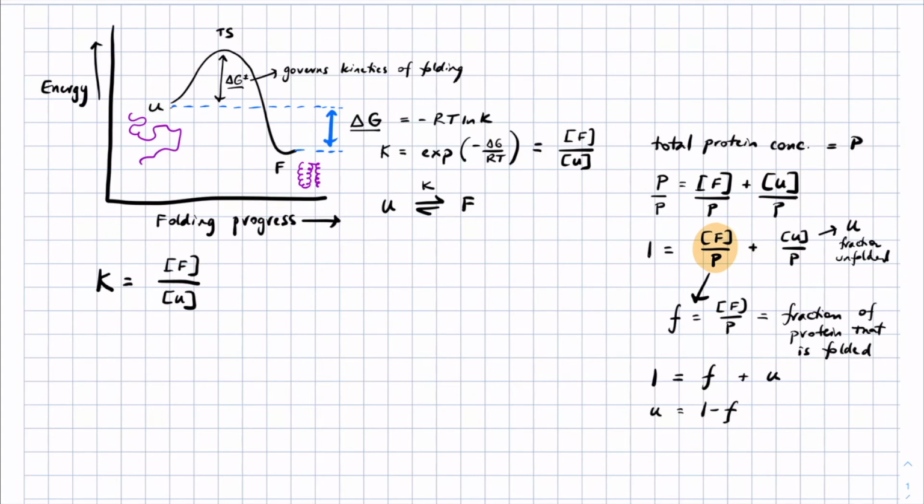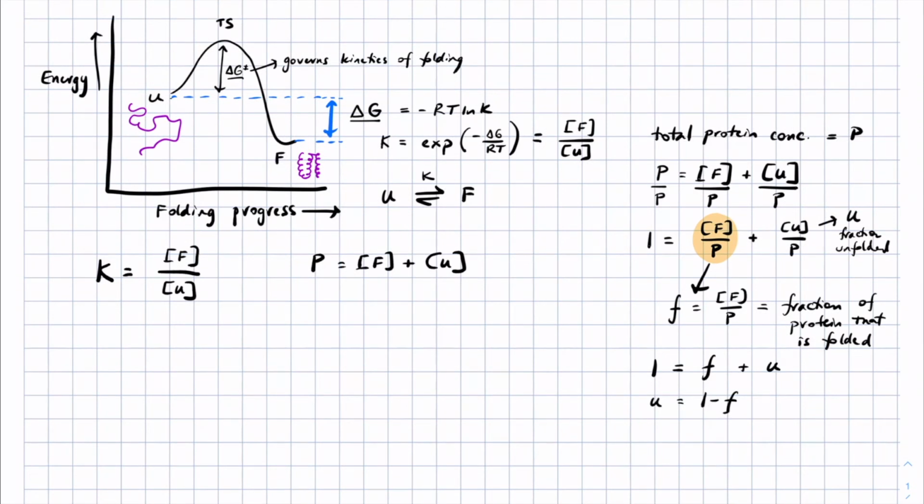Well, we just said from a few minutes ago that all we've got in solution is the folded and the unfolded protein. So if we know the folded conformation, we also know the unfolded conformation. So we could rearrange this to say that the unfolded conformation is simply equal to p minus the folded concentration. So let's go ahead and substitute that in. F here in brackets over p minus f.